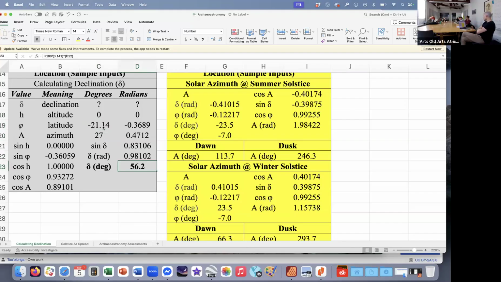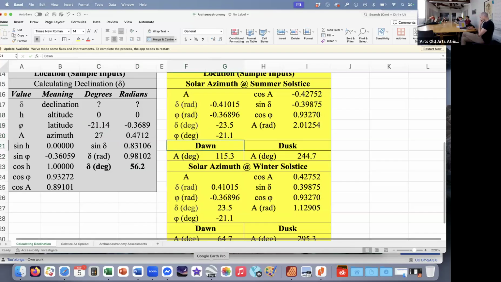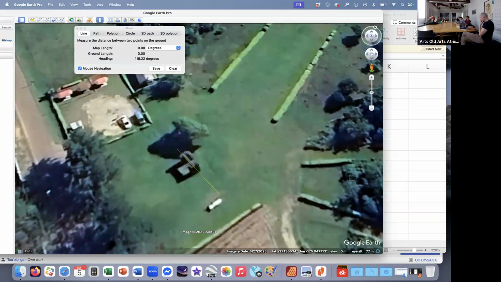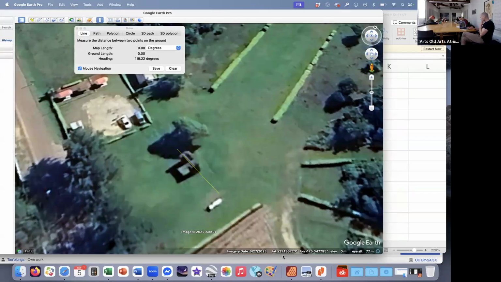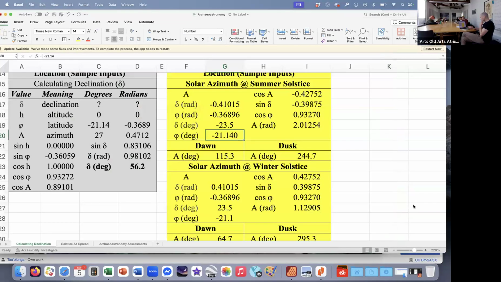Good. Now I've calculated my solar thing for minus 21.14, with more decimal places, 21.136.